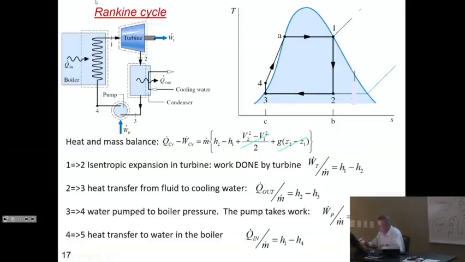This is also a positive Q. That Q out comes with its arrow drawn as in the figure here. The work that the pump takes has its arrow drawn inward. So again, it will be positive because indeed H4 is going to be higher than H3. And then the heat that goes into the heat exchanger in the boiler, the steam generator, is from 4 to 1, but the way we have written it here, Q in is positive because H1 is higher than H4.